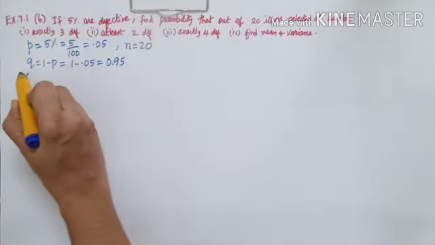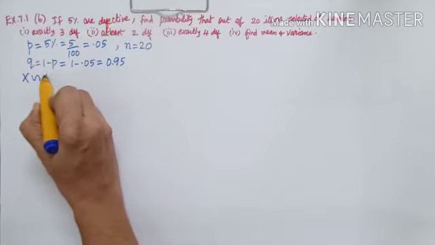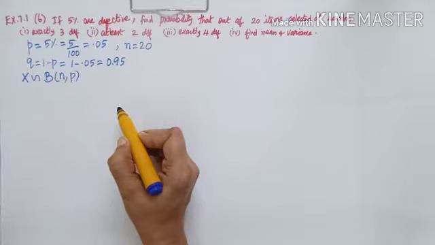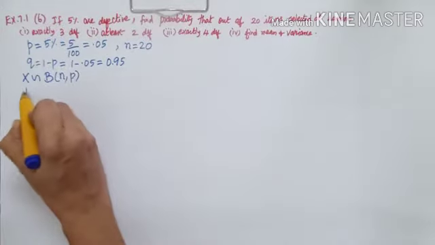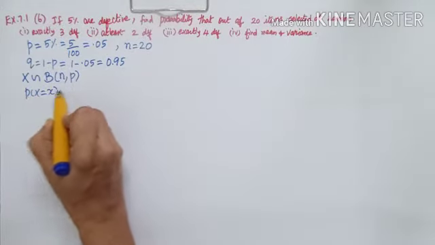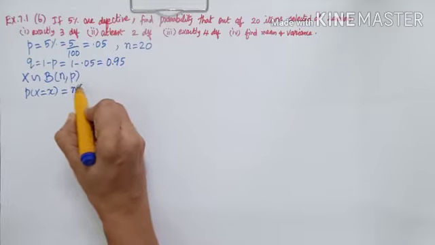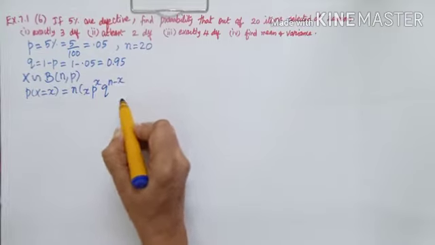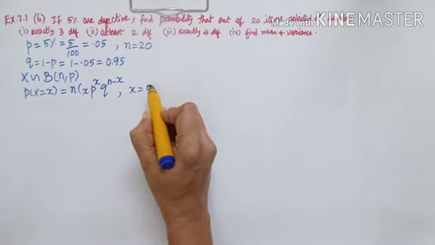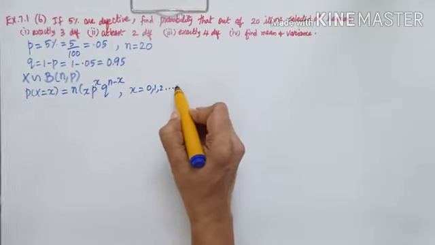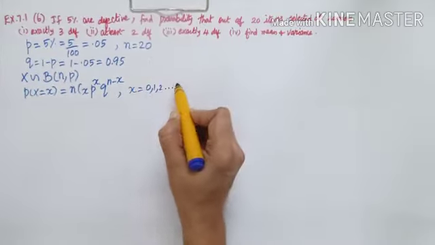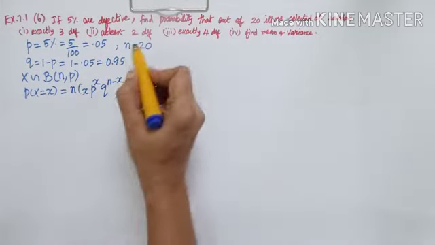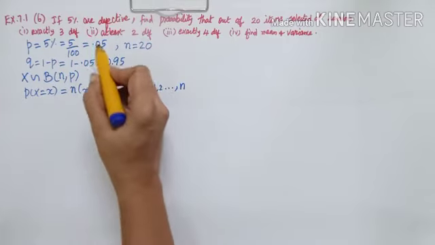So we say X follows binomial with parameters N and P. How to write out the binomial distribution? P of X is equal to x is NCx, P power x, Q power N minus x, where x is starting from 0, 1, 2 and so on up to N. In this problem, N is 20, P and Q are found out.